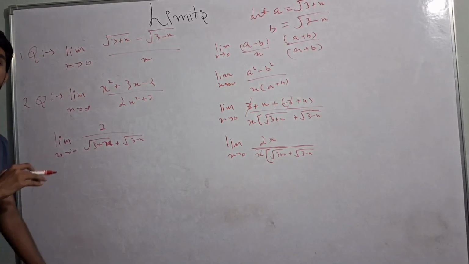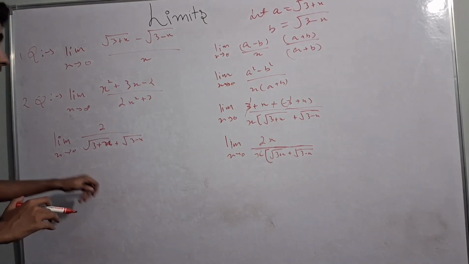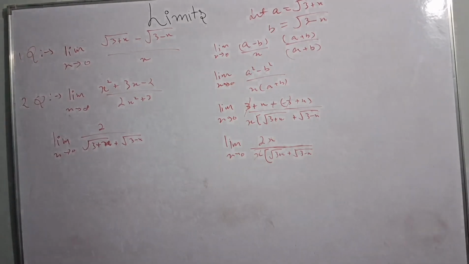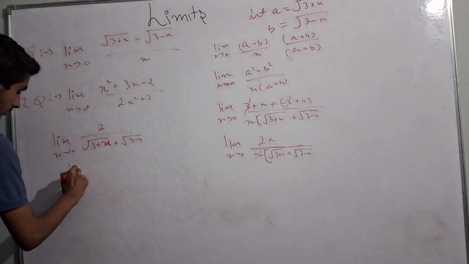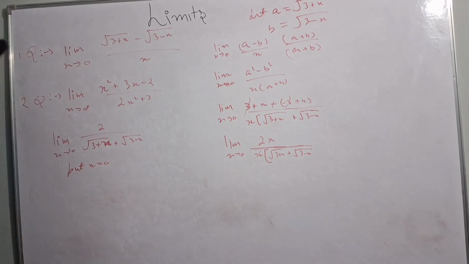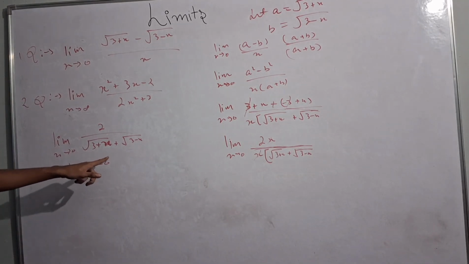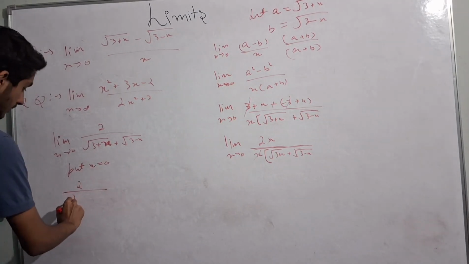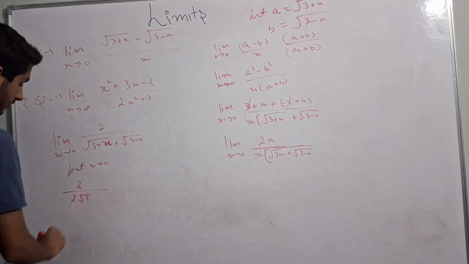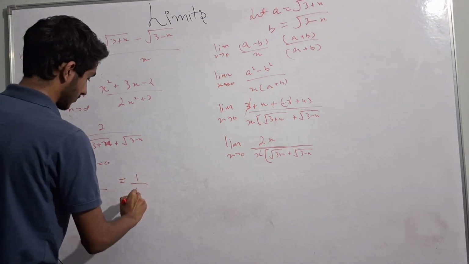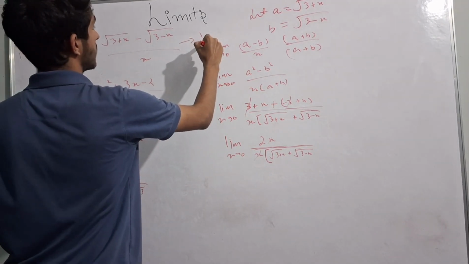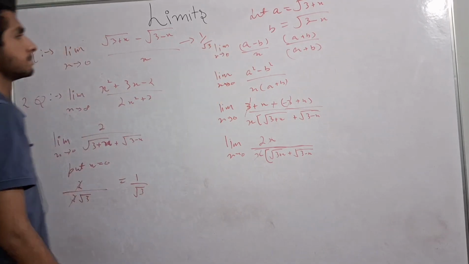So even after plugging the value of x is equal to 0 here, I will not get any indeterminate form. So I will just put x is equal to 0. So 3 plus 0 is 3 and 3 minus 0 is 3. So I will get 2 by root 3 plus root 3, 2 root 3, 2 cancels. I get 1 by root 3. So the answer is 1 by root 3.